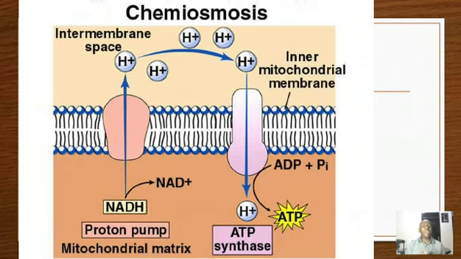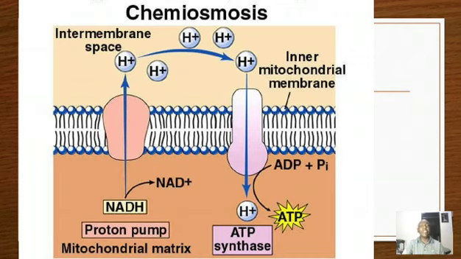The hydrogen atoms then split into hydrogen ions and electrons, just like we're seeing it here. We said that the hydrogen atoms in the matrix after the Krebs cycle and glycolysis are within the matrix as NAD or combined with NAD in form of NADH2 or FADH2.